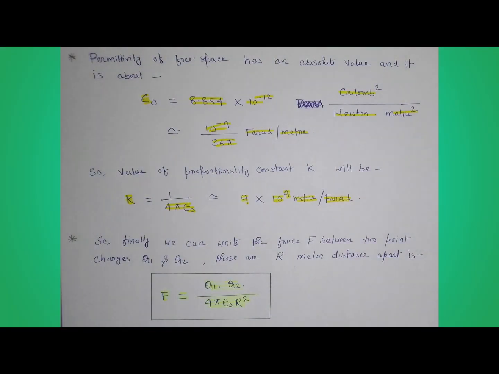The permittivity of free space has an absolute value of about epsilon 0 equal to 8.854 into 10 to the power minus 12, and the unit is Coulomb square per Newton meter square.